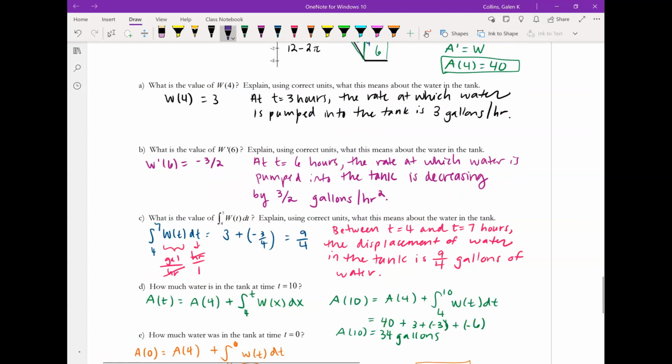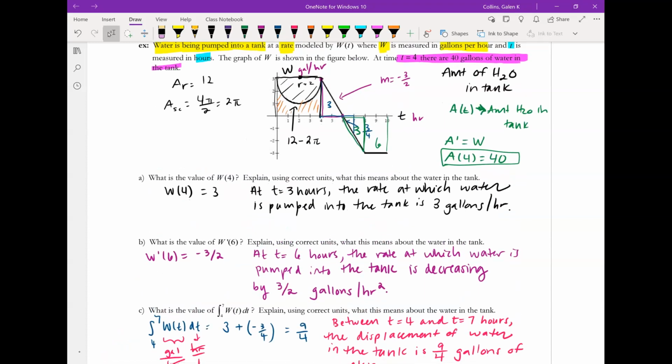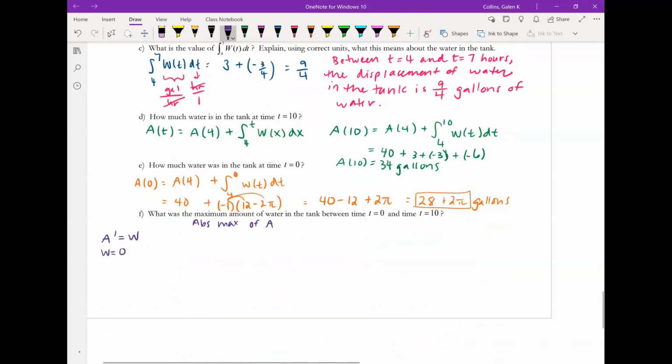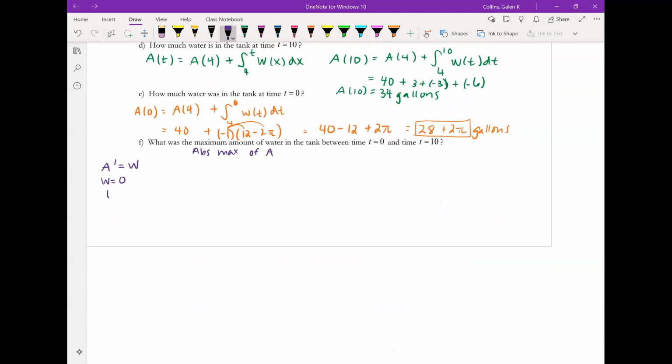So if I go back up to my graph, the only place where W equals 0 is at 6. So W equals 0 when t equals 6. So in my table, my t values are going to include the endpoints of my interval and the critical value 6.